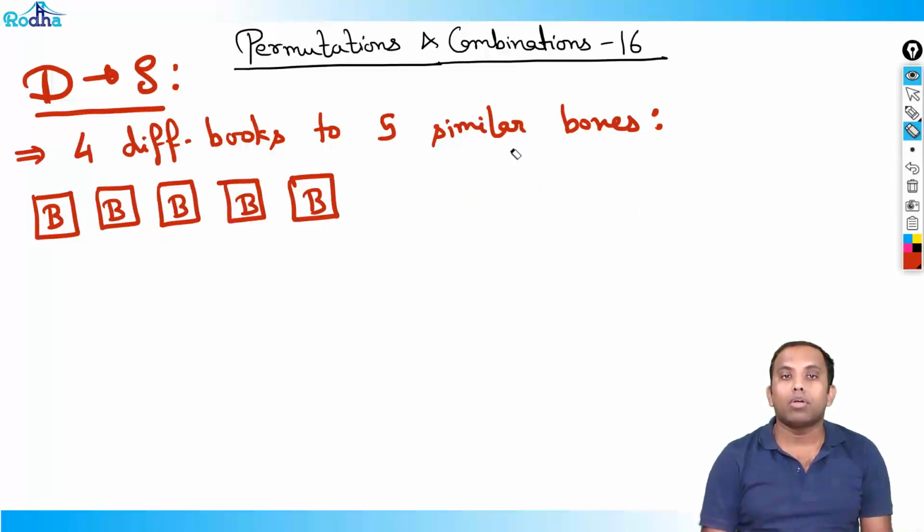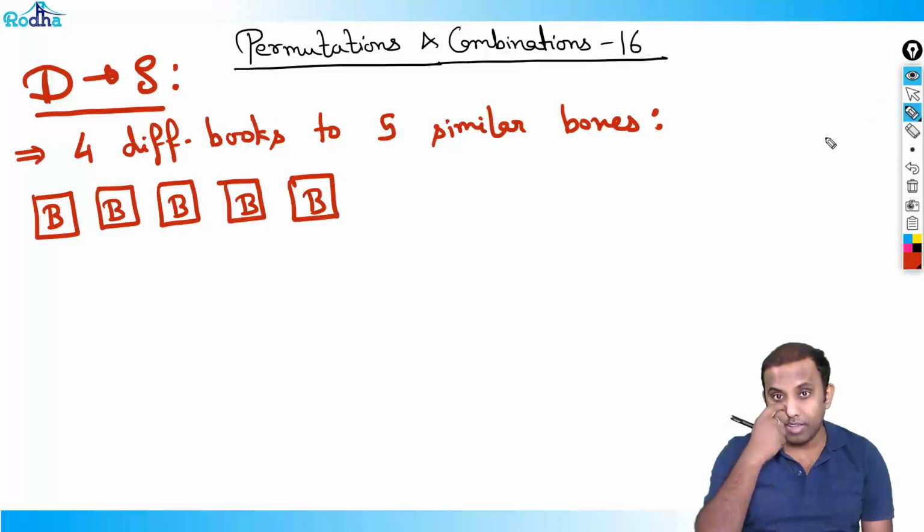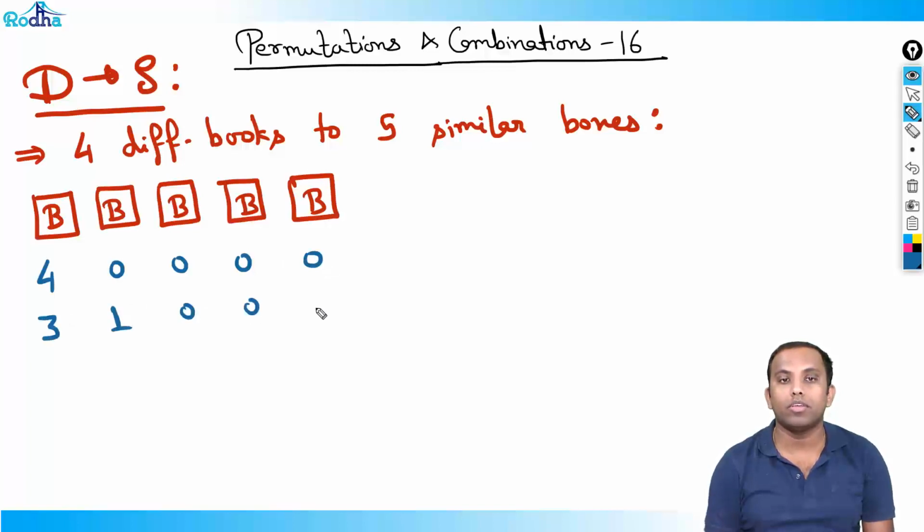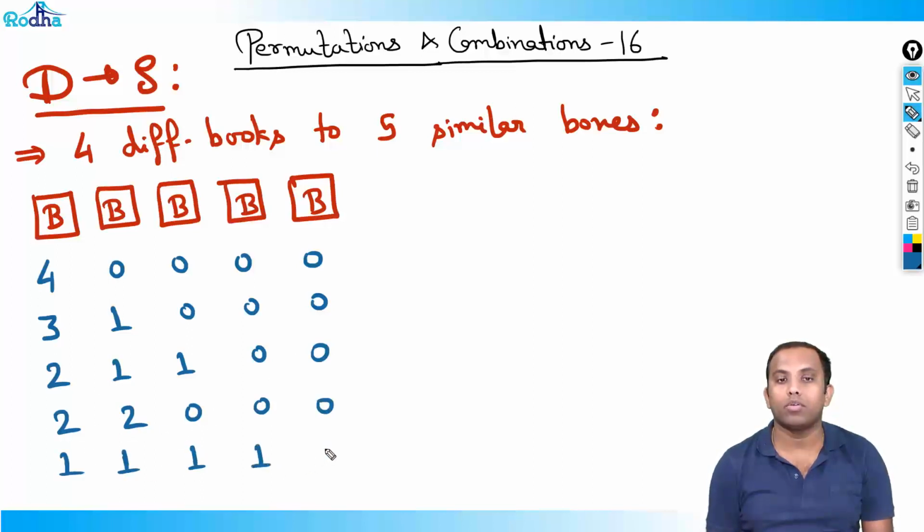There are five identical boxes. Now how many cases can I form here? Four different books, so let's make the cases. 4, 0, 0, 0, 0: one case. 3, 1, 0, 0, 0: one case. 2, 1, 1, 0, 0: one case. 2, 2, 0, 0, 0: one case. 1, 1, 1, 1, 0: one case.